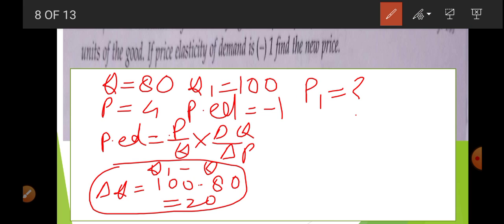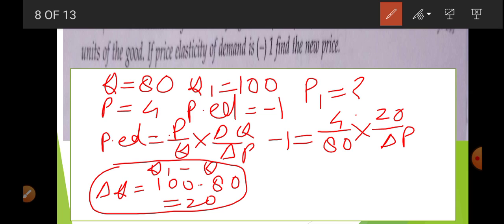Now price elasticity is given, -1. So first of all we write -1 equals P is 4, Q is 80, multiplied by del Q. Del Q is 20 and del P we don't know.